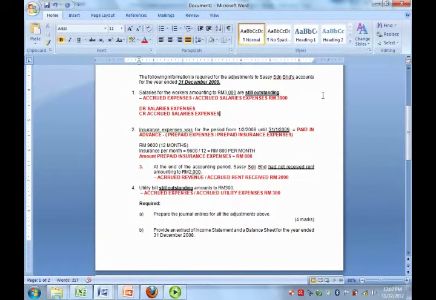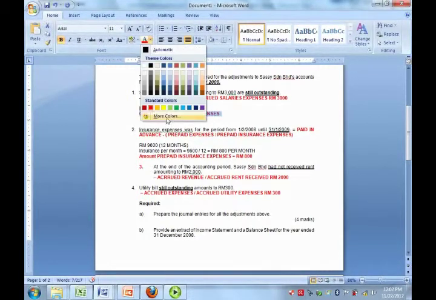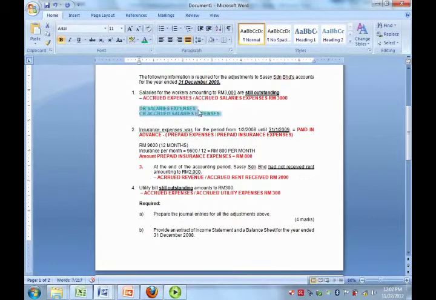Why you have to credit your accrued salary expenses? Because accrued salary expenses, we classify it as current liabilities. As I told you, when you want to record it as liabilities, you must record it at credit side. So automatically, when you credit your accrued salary expenses, you will consider it as debit salaries expenses. That is your journal entries.